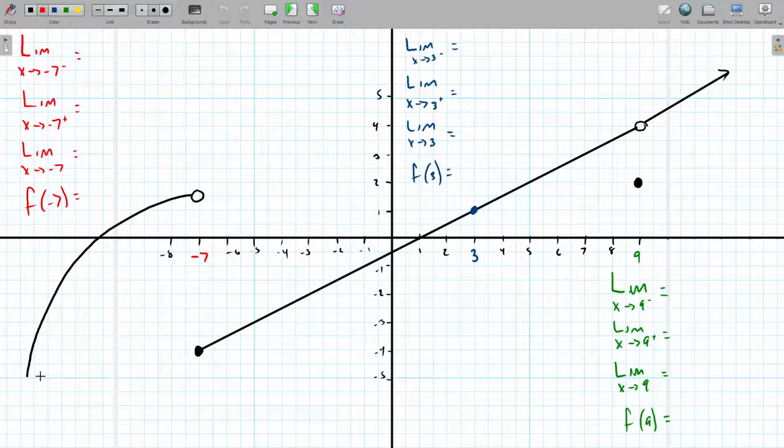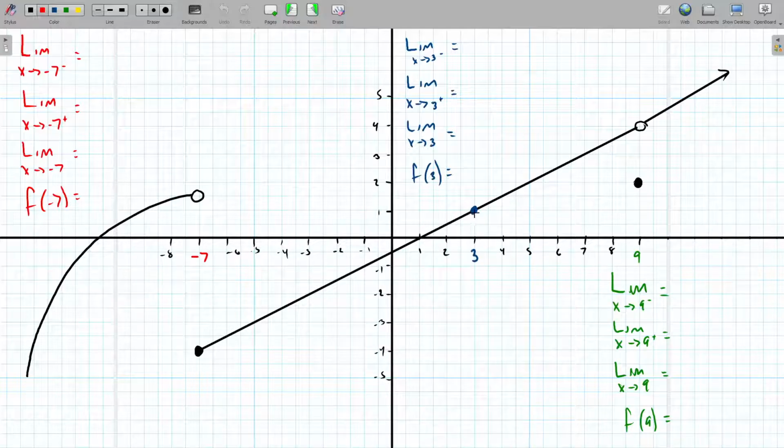Alright, so we have this graph, right? And on the left, we're starting and we come up, and then suddenly we jump and we come down here. Right? So this would be like a jump in a piecewise function. Something's happening at -7 that changes us from this position up here, this open circle, down to this closed circle, and then we continue along.